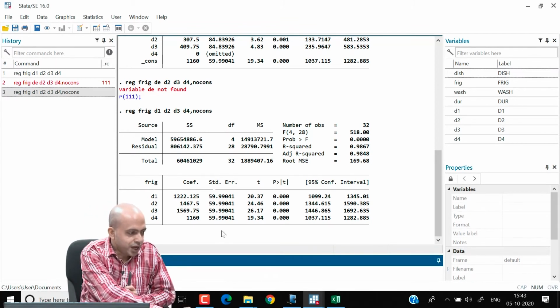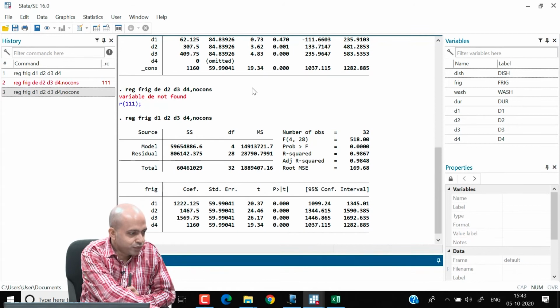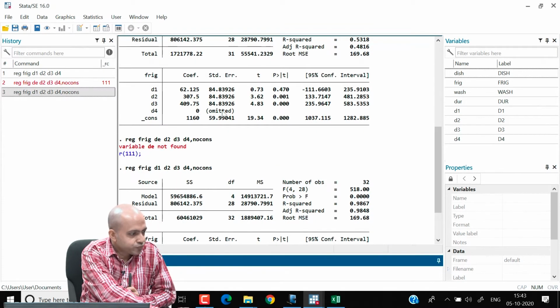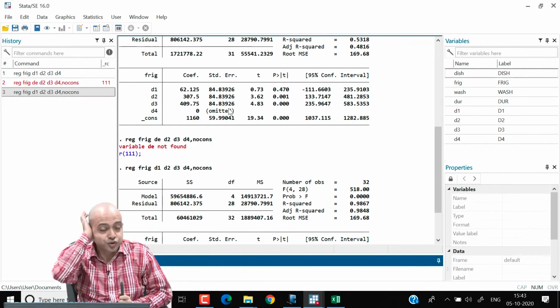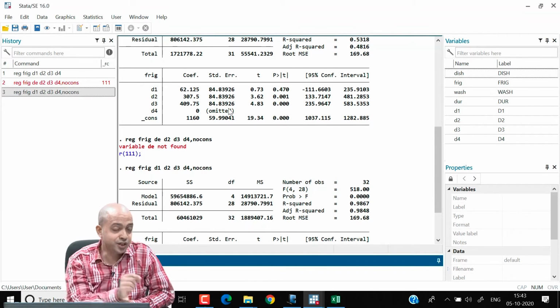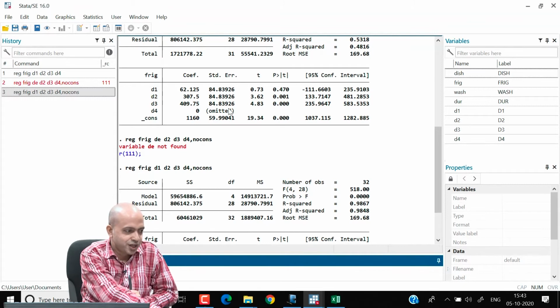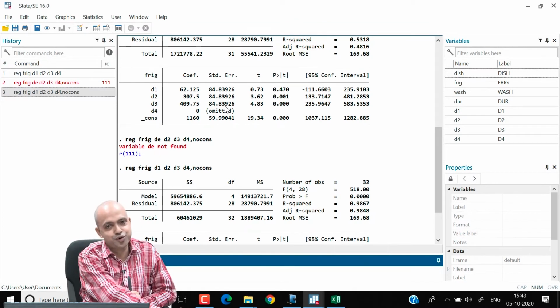And if you compare with the earlier model, see, D4 was omitted earlier. So when D4 is omitted, Stata is basically considering the fourth quarter as the base quarter. That means the constant term here, 1160, indicates sales of the fourth quarter. When you introduced 4 dummies with intercept, Stata dropped the fourth dummy and considered the fourth quarter as the base quarter.